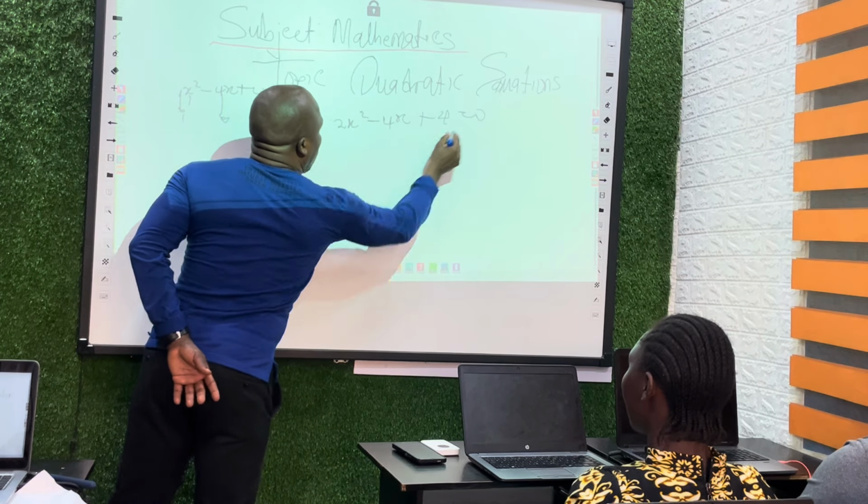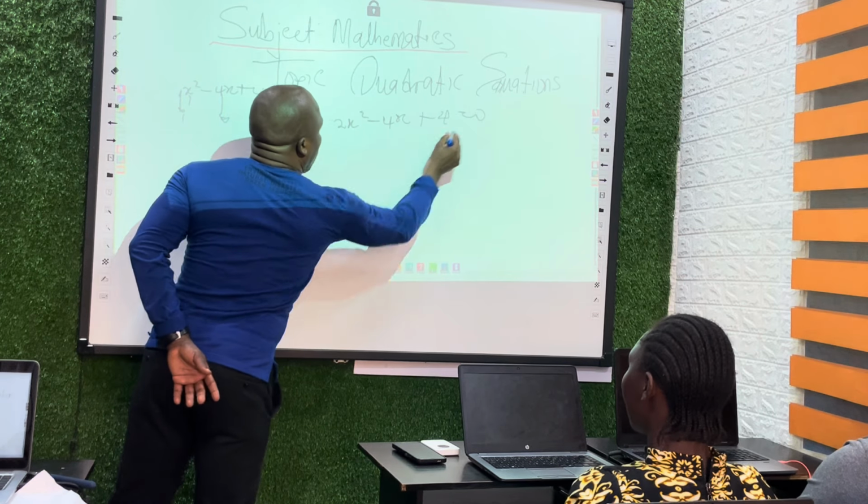The rule says you must make the coefficient of x squared unity. If it's carrying 2 as a coefficient, you divide the whole equation by 2. So it will now be x squared minus 2x plus 2 equal to 0.